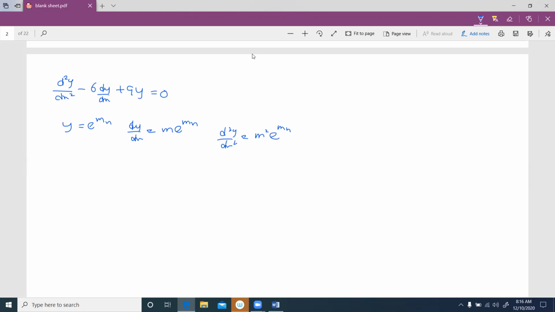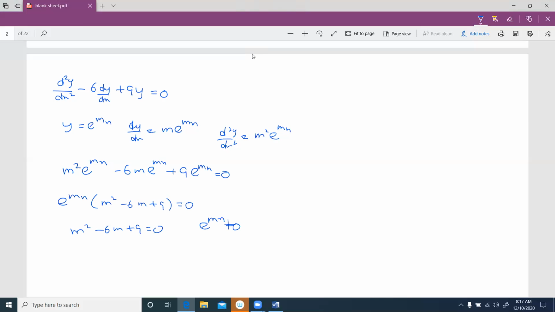So this turns into m squared e to the power mx minus 6m e to the power mx plus 9 e to the power mx equals 0. If you take e to the power mx out, m squared minus 6m plus 9 equals 0, because e to the power mx is not equal to 0.